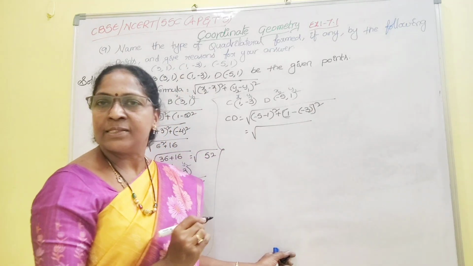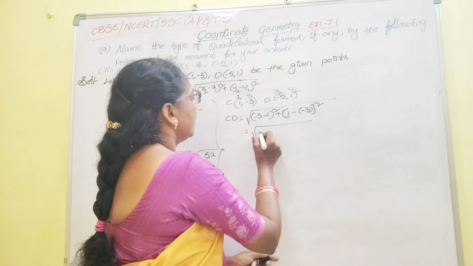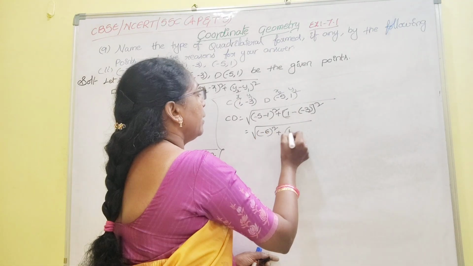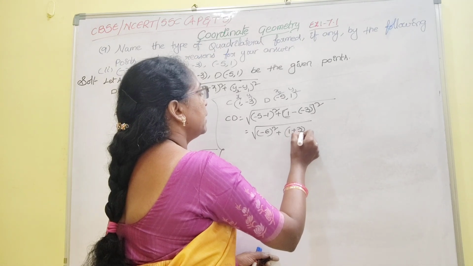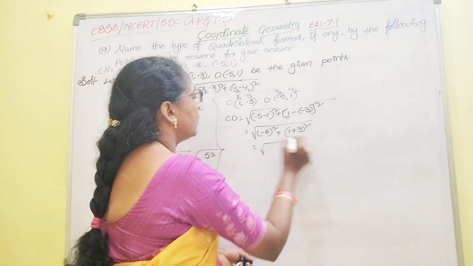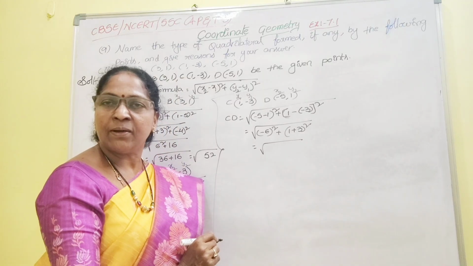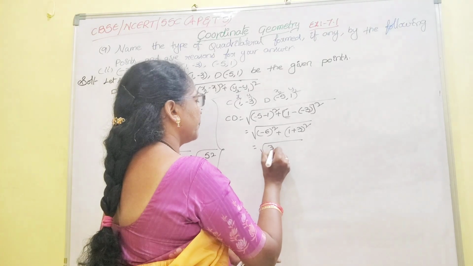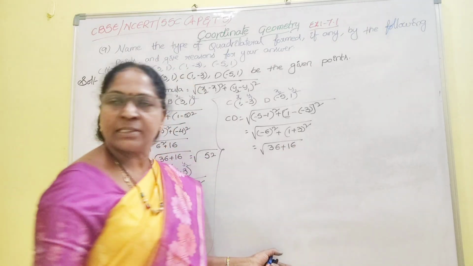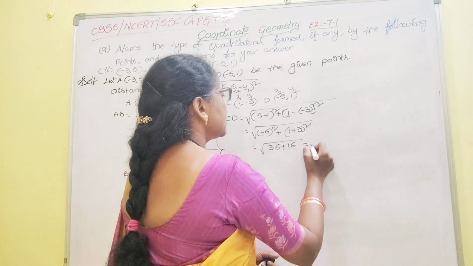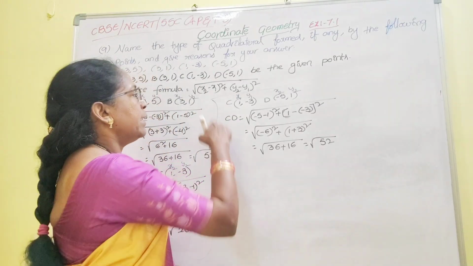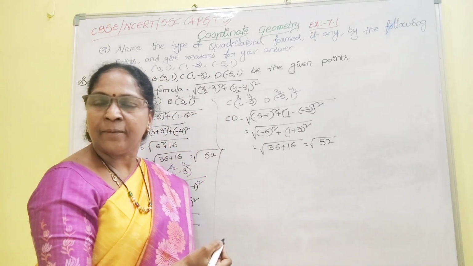Minus 5 minus 1 equals minus 6, so minus 6 whole square is 36, plus 3 square is... 4 square? No, here it is 1 plus 3 whole square, that is 16. Square root of 36 plus 16 equals square root of 52.